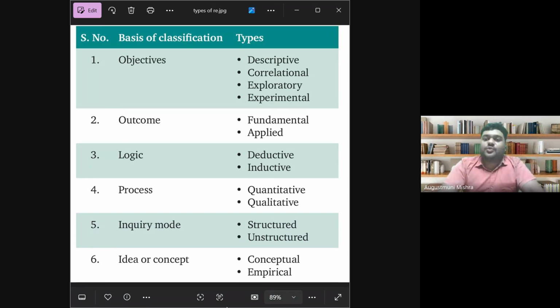Now we will move to some questions that will help us understand the basics of research. First I will share with the help of a PPT, then I will share some other questions from reference books. I'm sharing our slide.